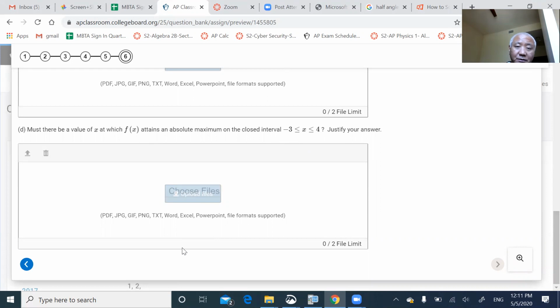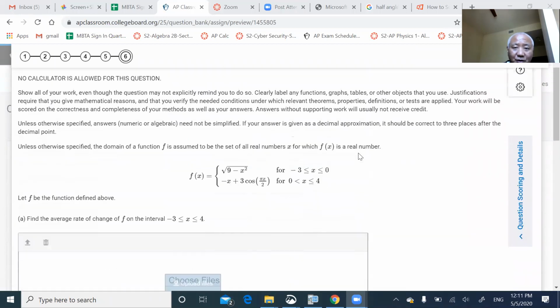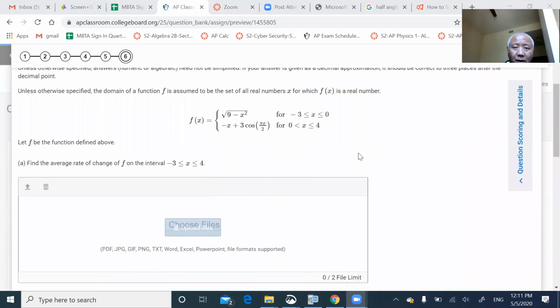How do you show that? Let's go back to the beginning function here first. We learned the theorem is this.